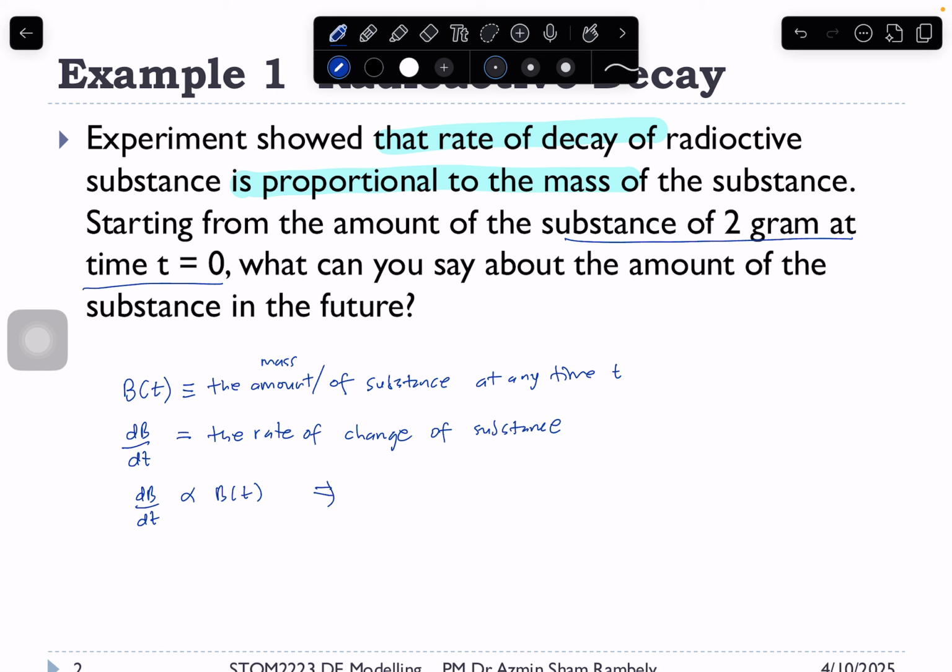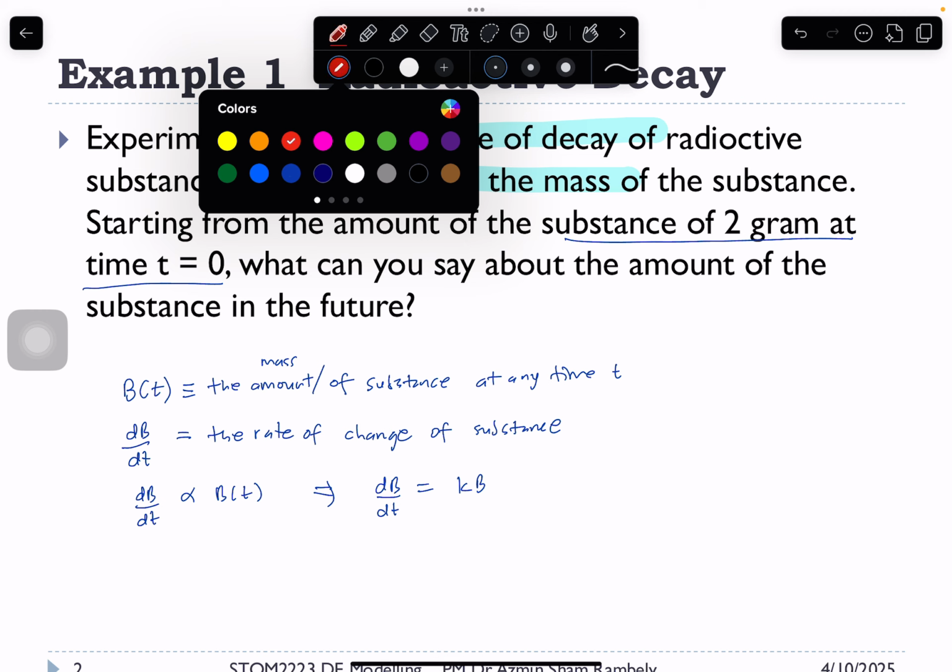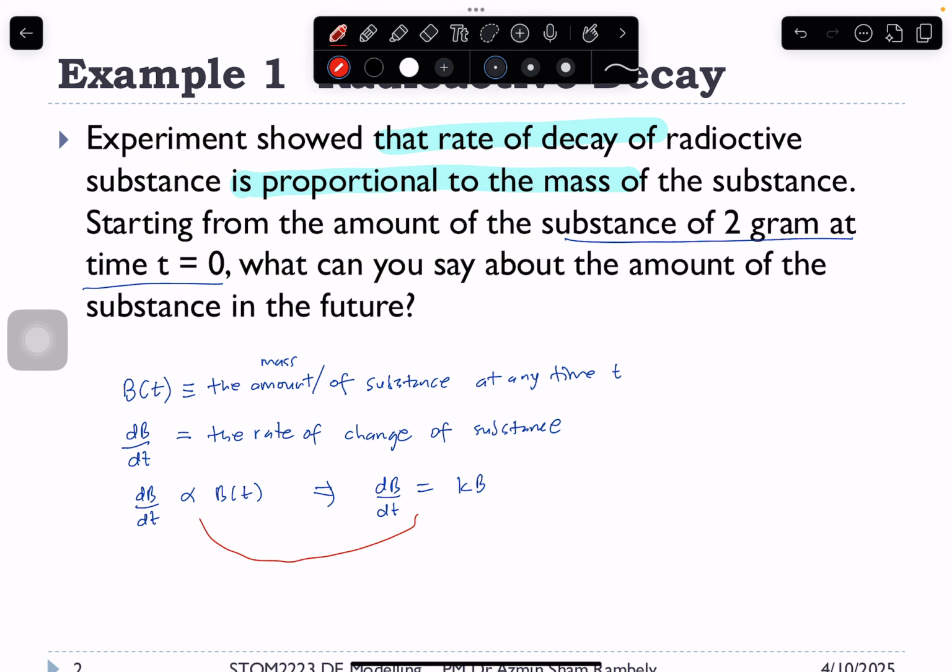You have learned this in high school. When you change the proportionality symbol to an equation, we have equals and multiply with KB. So what is K?